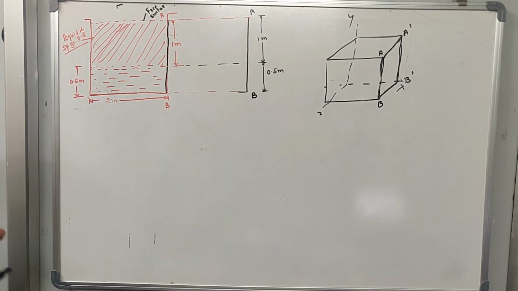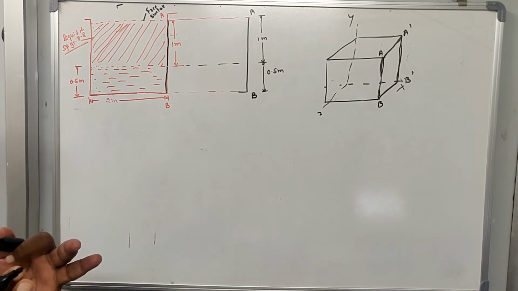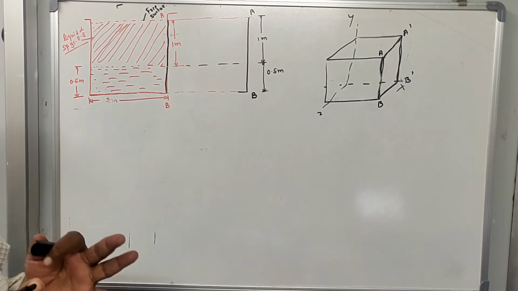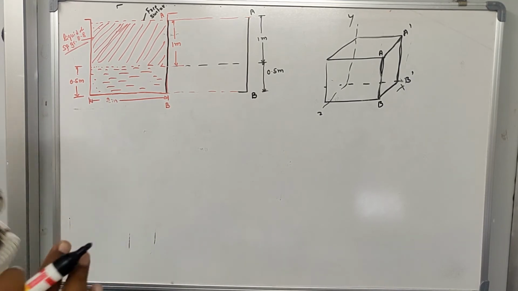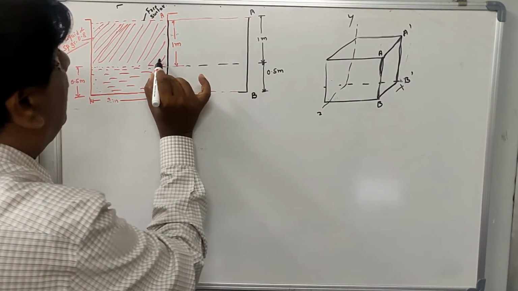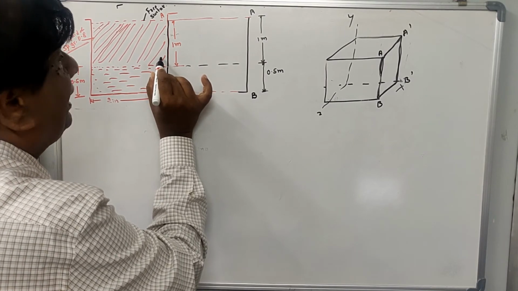Now the pressure distribution diagram. As I have told, the hydrostatic pressure distribution diagram is triangular in shape, having zero magnitude at the free surface and maximum magnitude at the bottom. This is the bottom of the liquid of specific gravity 0.8.